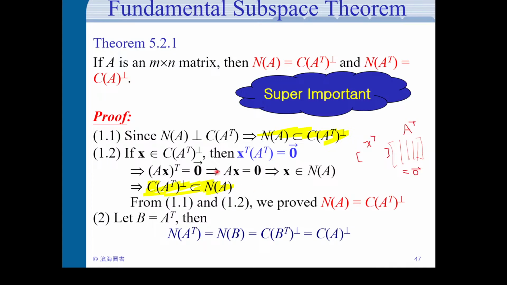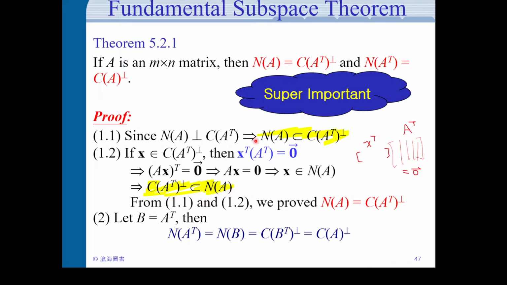And this is exactly the definition of x inside the null space of A. So every x that's inside the orthogonal complement of the row space of A is inside the null space of A.